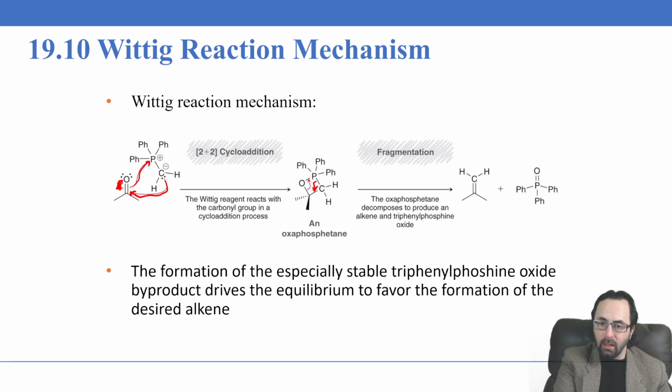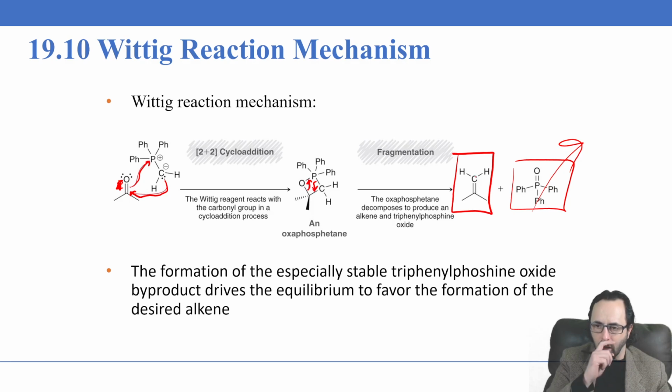And then we have the cleavage of the oxygen-carbon bond, and that leaves a double bond between the oxygen and phosphorus. And so this remaining product is taken out, and we get our carbon-carbon double bond formed by this Wittig reaction.